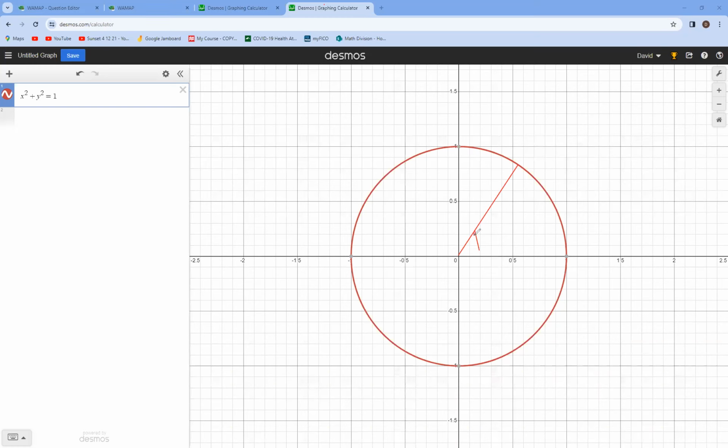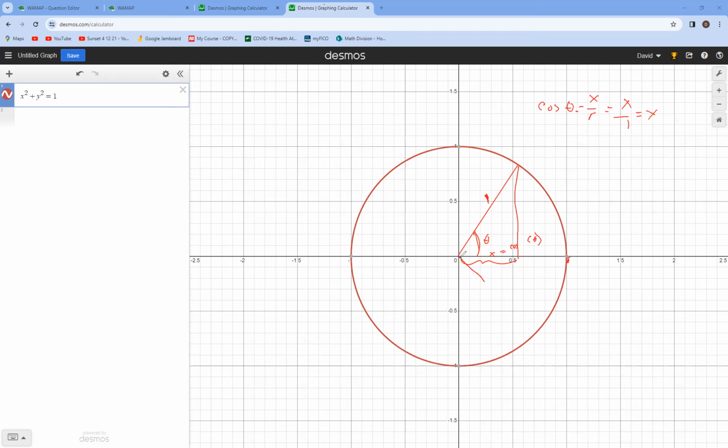So if I take some angle theta, the cosine of theta was defined to be the x-coordinate divided by the radius. And here my radius is 1. I'm looking at the unit circle. We're 1 unit out here on the x-axis, 1 unit on the y-axis. So the cosine is just going to be x divided by 1, so it's just going to be the x-coordinate. If I go to some angle theta, and I look here at what the x-coordinate is, that's going to be the cosine of theta.